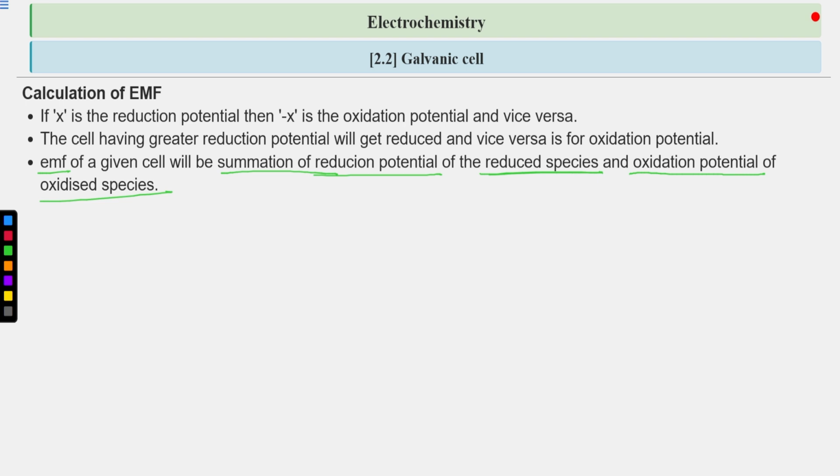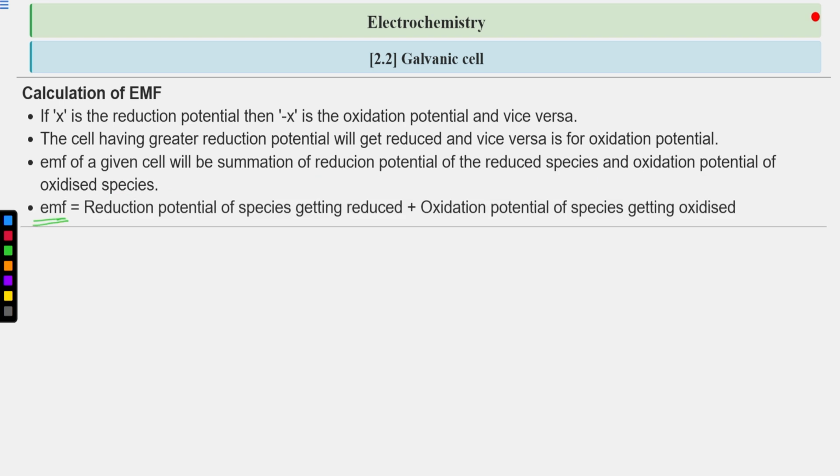You have to add them, and that summation will be the EMF for that given cell. So EMF will be the reduction potential of the species getting reduced plus the oxidation potential of the species getting oxidized.